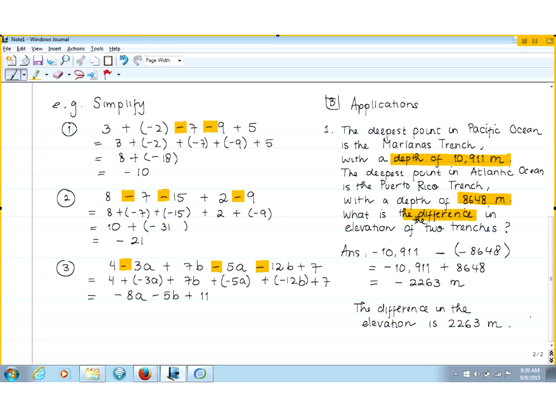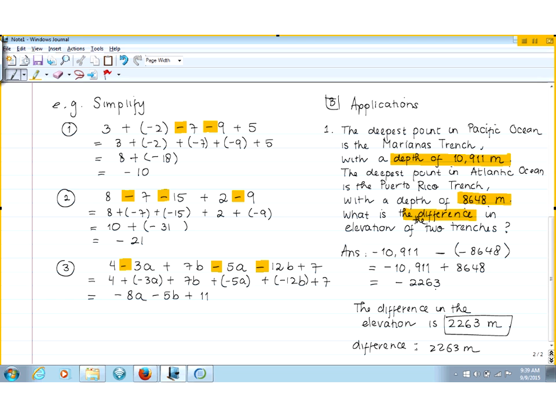In the proposal, do you want to write the difference in the elevation, or do you want to see negative 22? I'd like you to write this part, with the unit. Or you could say difference, and then colon 2263 meters.